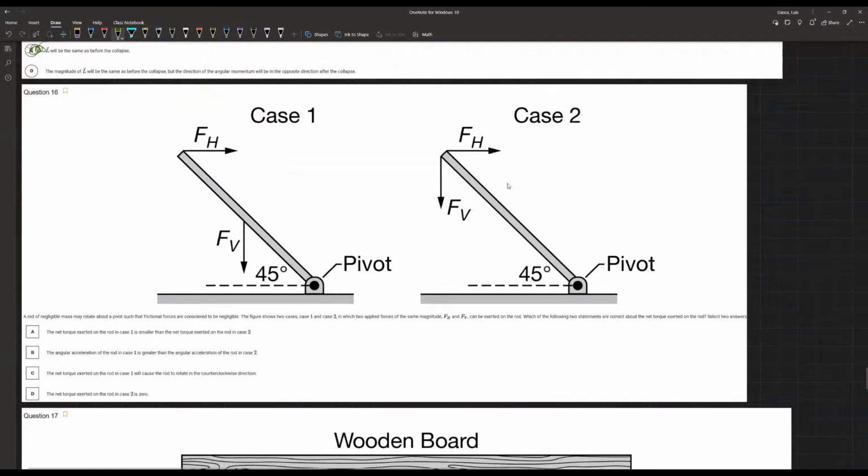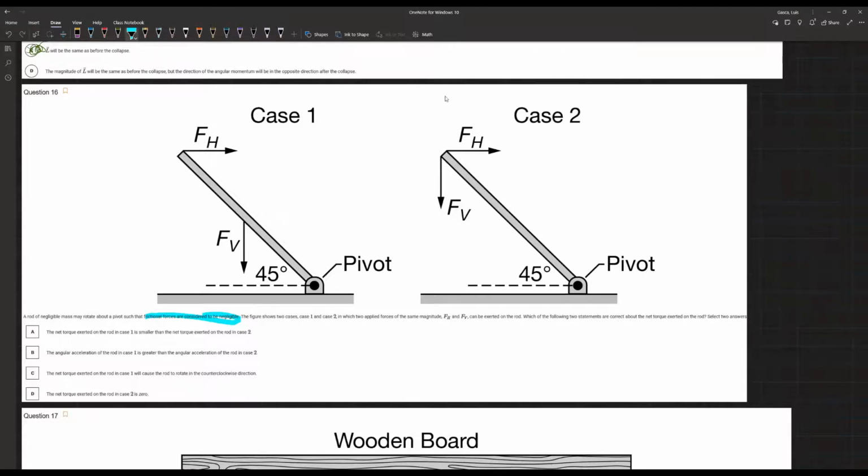16. A rod of negligible mass may rotate about a pivot such that frictional forces are considered to be negligible. The figure shows two cases, case 1 and case 2, in which the two applied forces of the same magnitude, FH and FV, can be exerted on the rod. Which of the following two statements are correct about the net torque exerted on the rod?